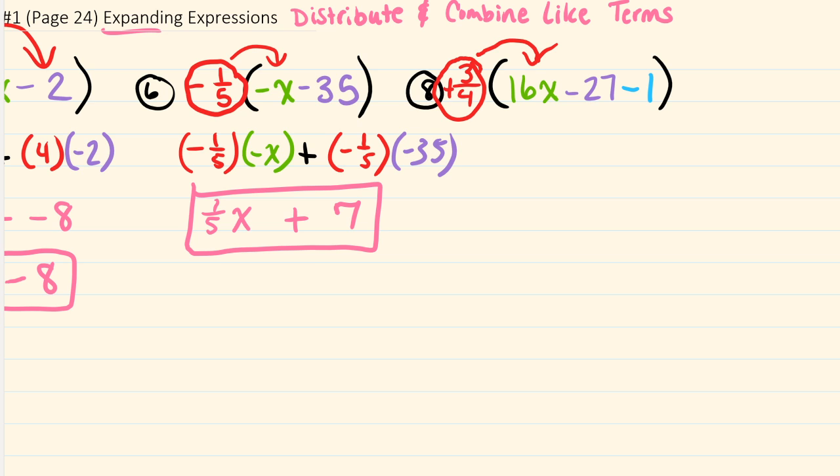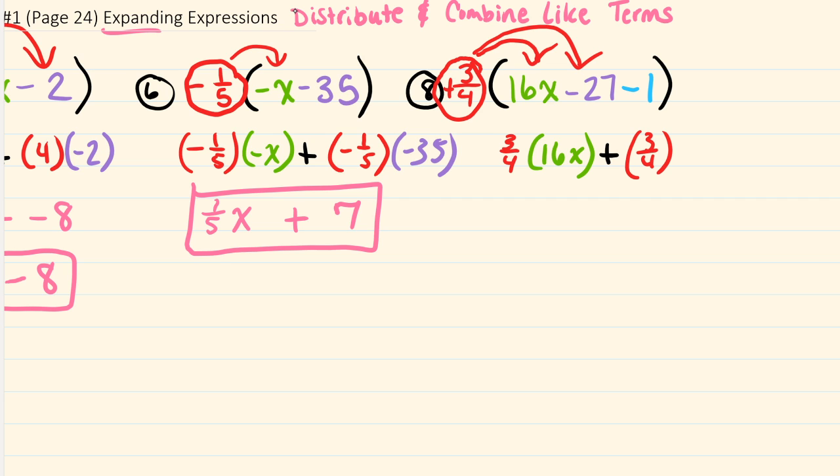So I've got a positive 3/4 times a positive 16x plus a positive 3/4 times a negative 27 plus 3/4 times negative 1. So we distributed the 3 different terms. That's okay.